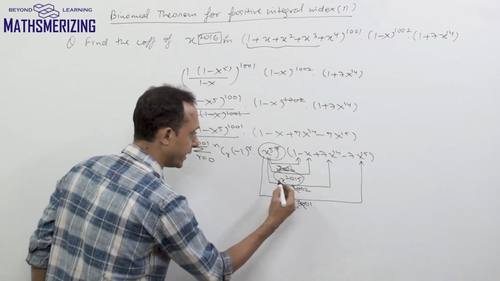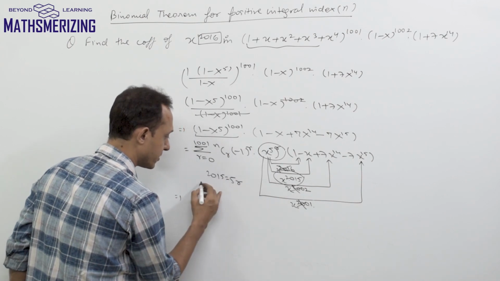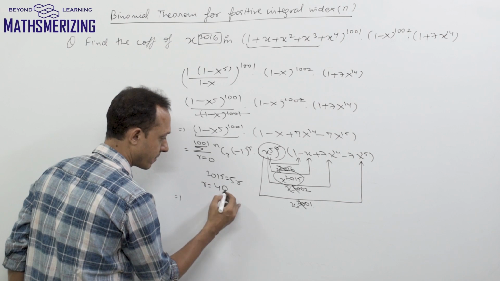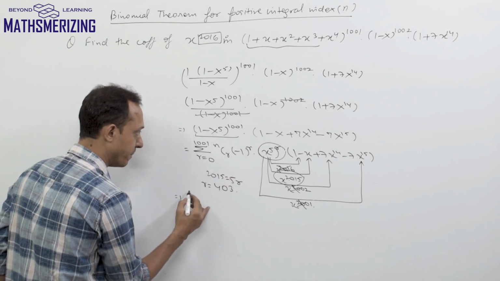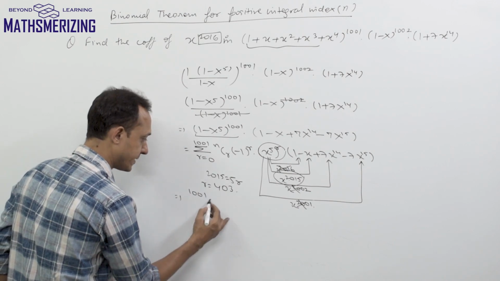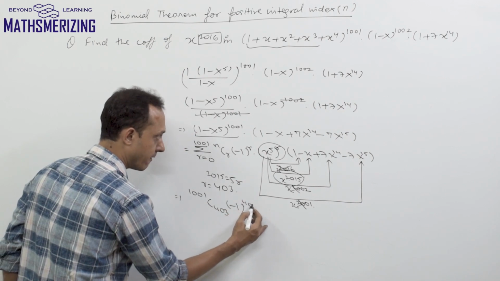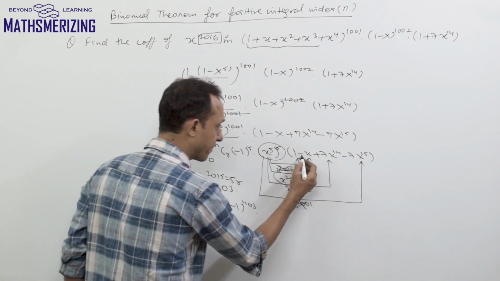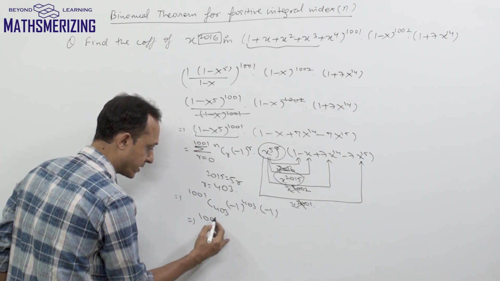If I compare 2015 with 5r, the value of r is 403. So its coefficient will be ¹⁰⁰¹C₄₀₃ (−1)⁴⁰³, and it will get multiplied with −1.